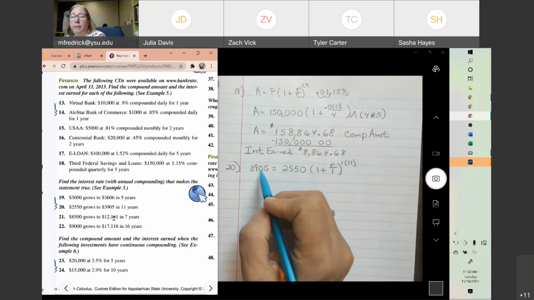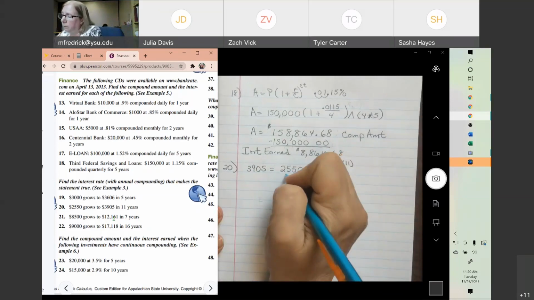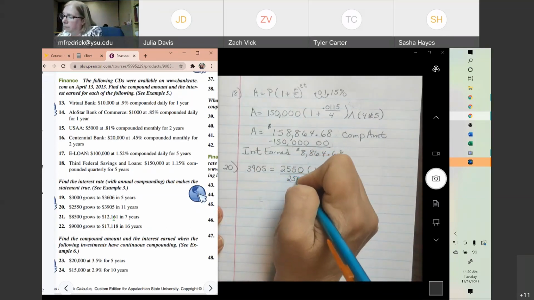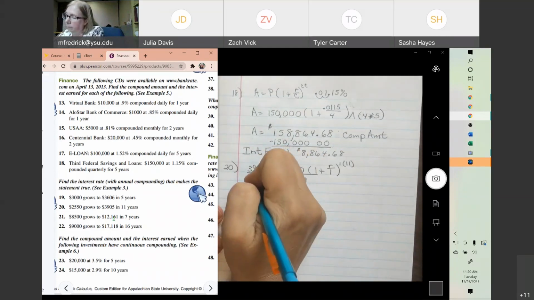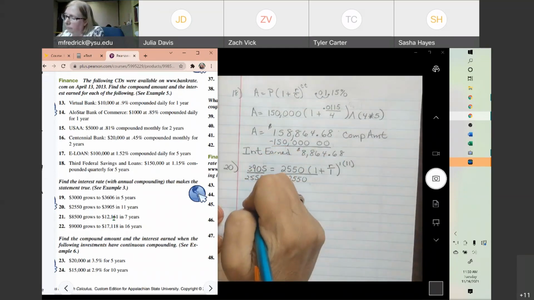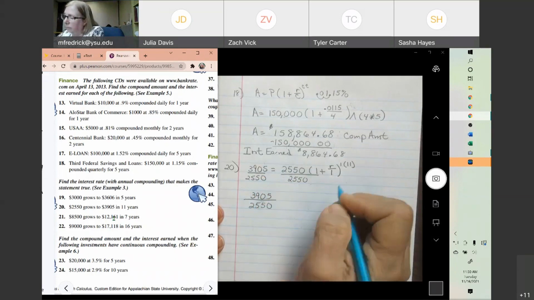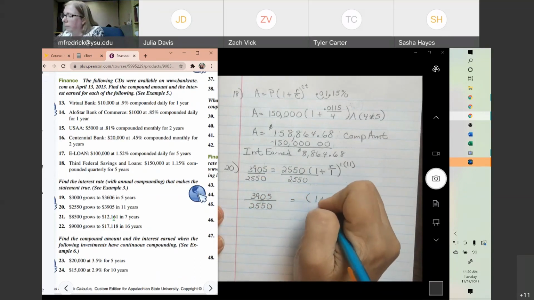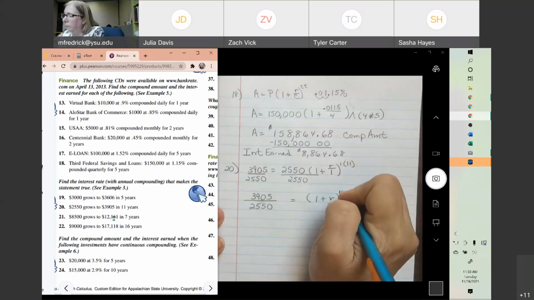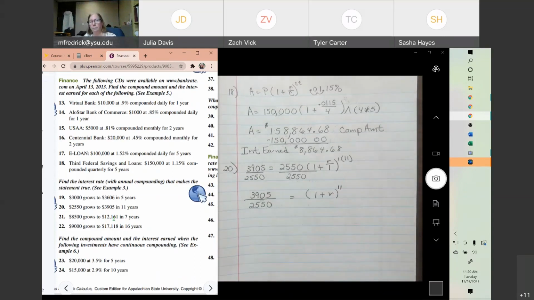So this has to be divided. I'm keeping the whole thing and plugging it all in at the end, so I don't have to worry about decimals. But you could get the decimal or reduce the fraction.